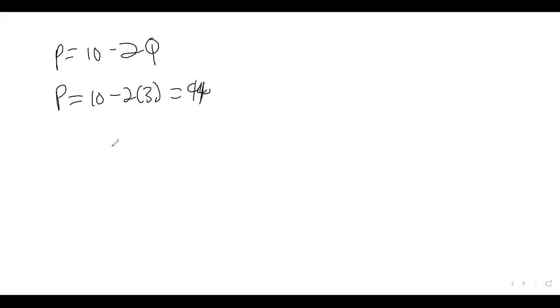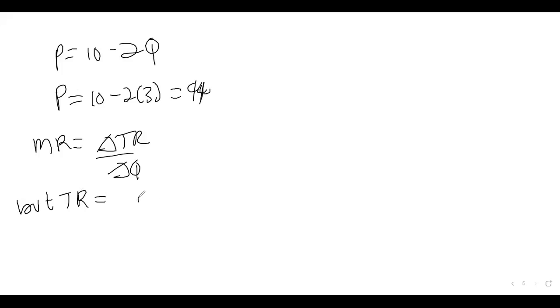Then the question says that we should now find the marginal revenue. Marginal revenue is equal to change in total revenue by change in quantity. But total revenue is equal to price times quantity. So total revenue will be the price function, which is 10 minus 2Q, times quantity.